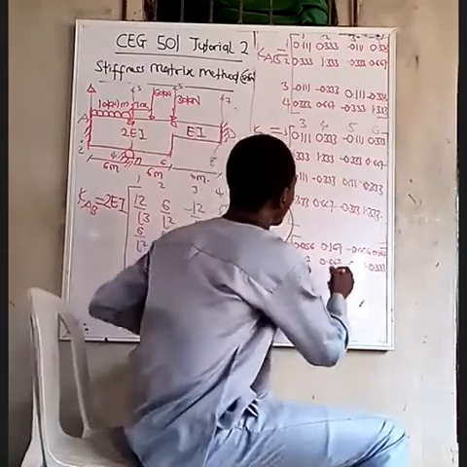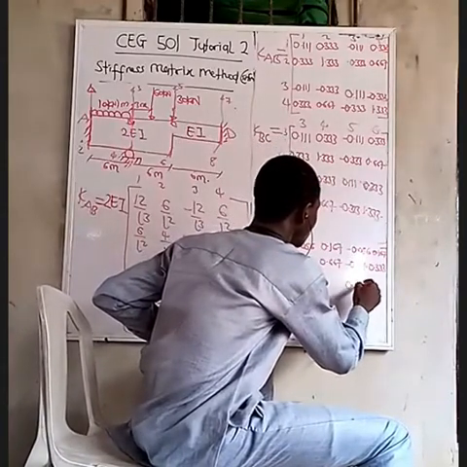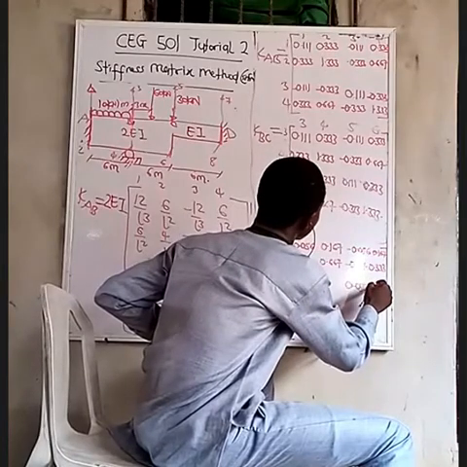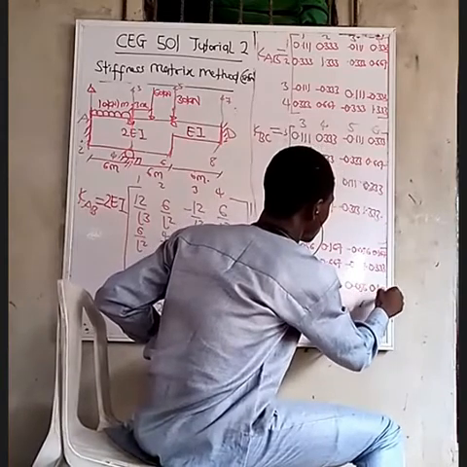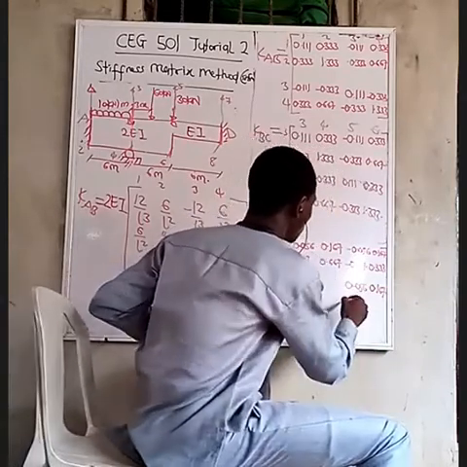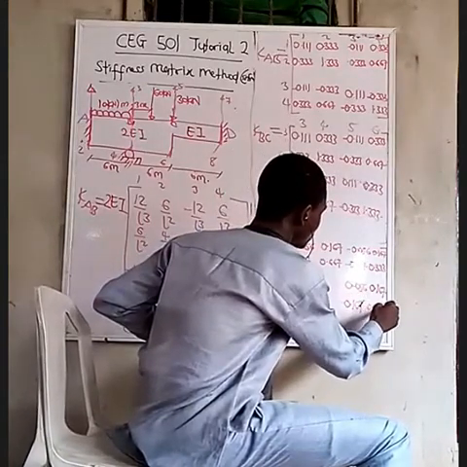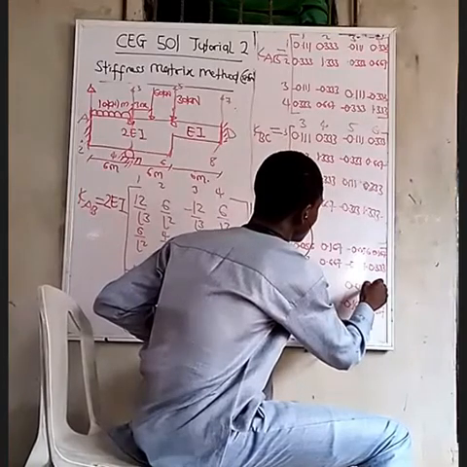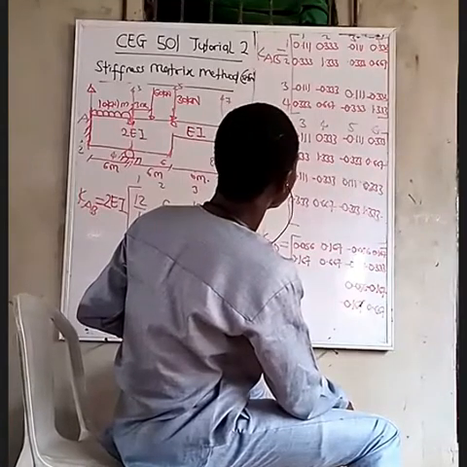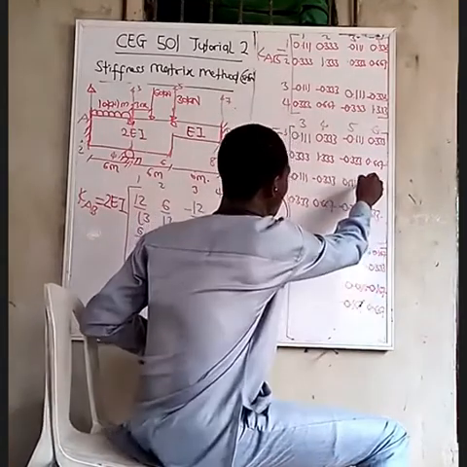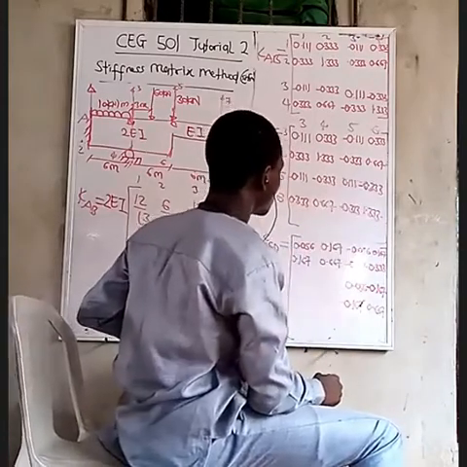I have to be very meticulous when you're doing this, so that you don't make mistakes. So we come here, 0.056 minus 0.167, 0. Okay, minus 0.167, then 0.667. This one will be minus, I mean. You see what I'm saying? There's a mistake already. This is supposed to be minus.